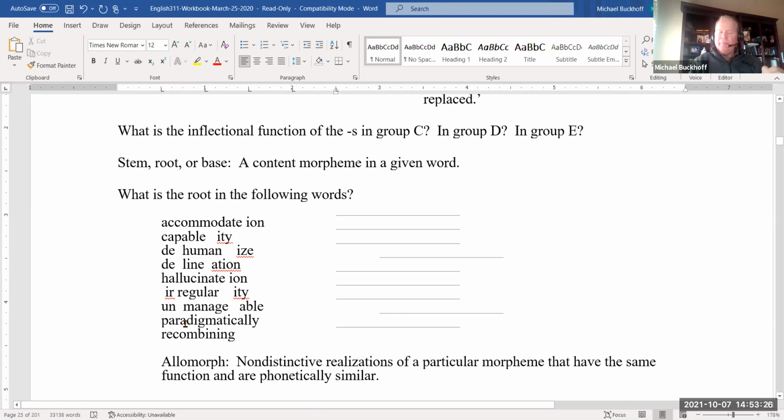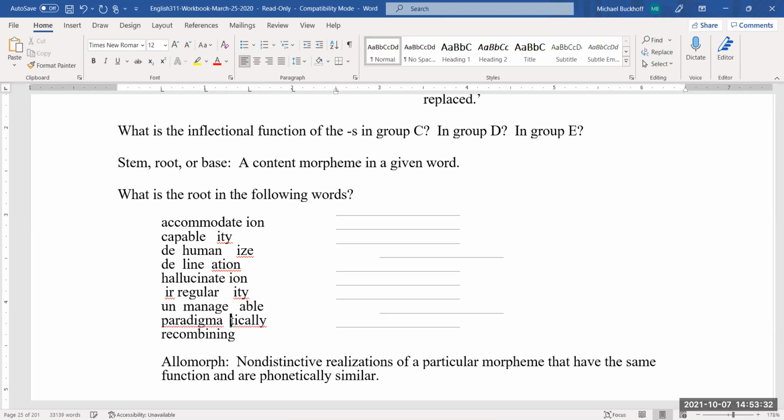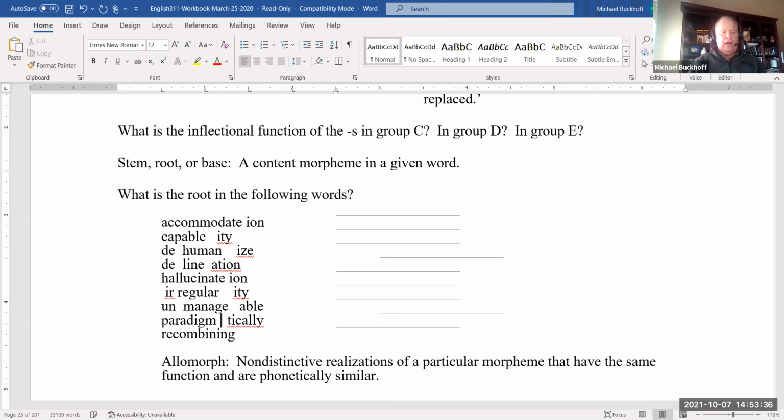Okay. Paradigmatically, what would be the root there? Paradigm. Good. So it starts with paradigm, which is a noun, maybe paradigmatic, which is an adjective, and then paradigmatically, which is an adverb.